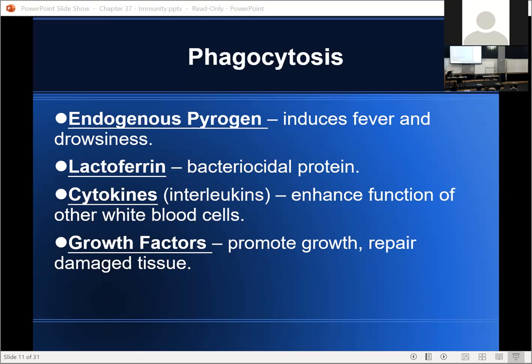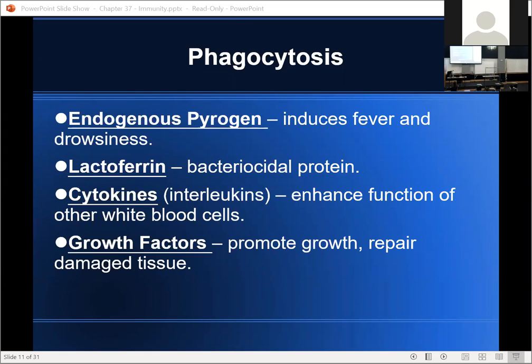Cytokines enhance function of other white blood cells. And again, there's a whole big catalog of different cytokines. Lots of different cytokines. These are unique to immune cells. They're the way that immune cells communicate and coordinate an immune response. So they enhance the functions of other white blood cells.